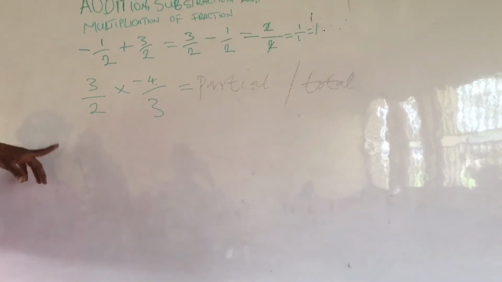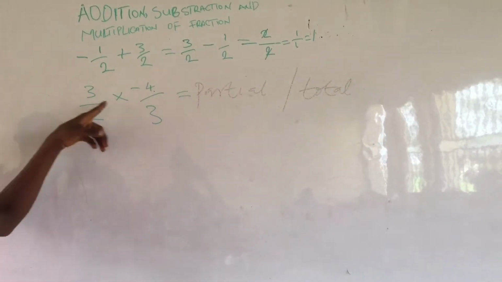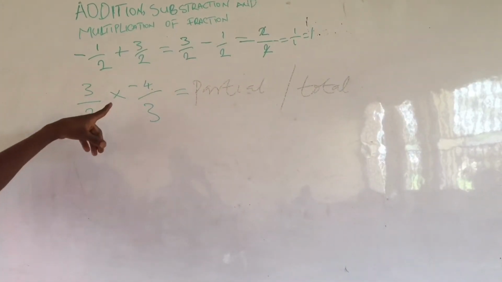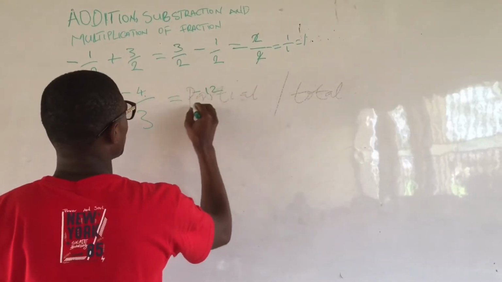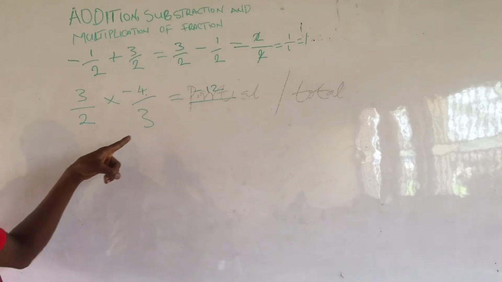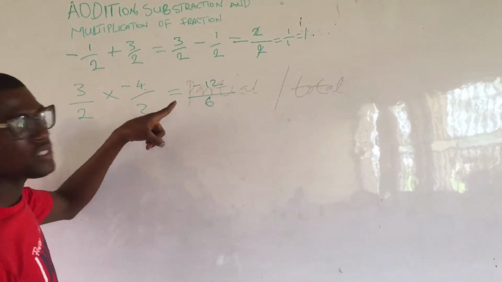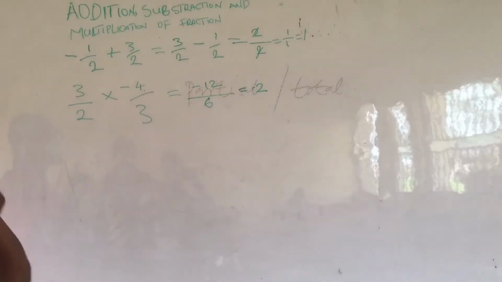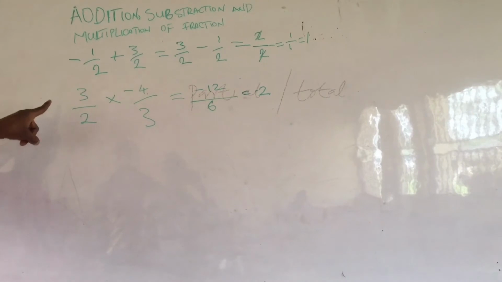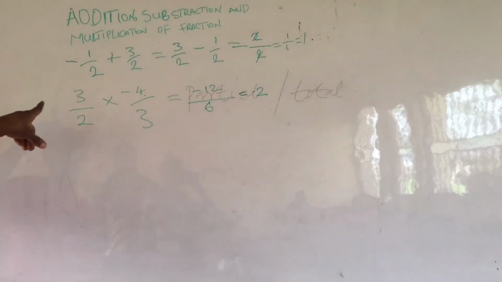Now, for the numerators, always know that if you have a positive and a negative sign, the negative will affect the positive. I'll have minus 12 over 6. So minus 12 divided by 6 gives me minus 2. So always take note: for multiplication, you multiply their denominators together and also multiply their numerators together. But in terms of addition, you have to look for their LCM.